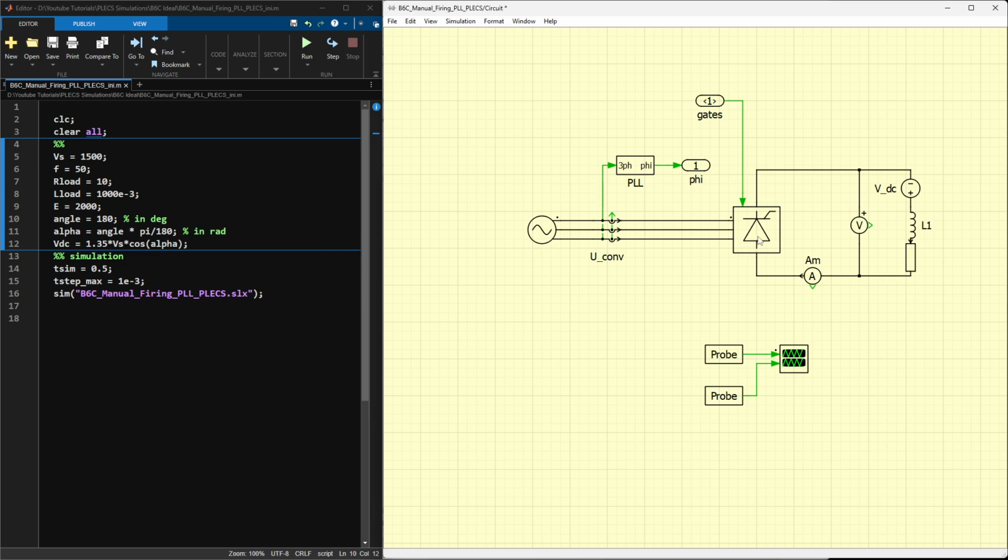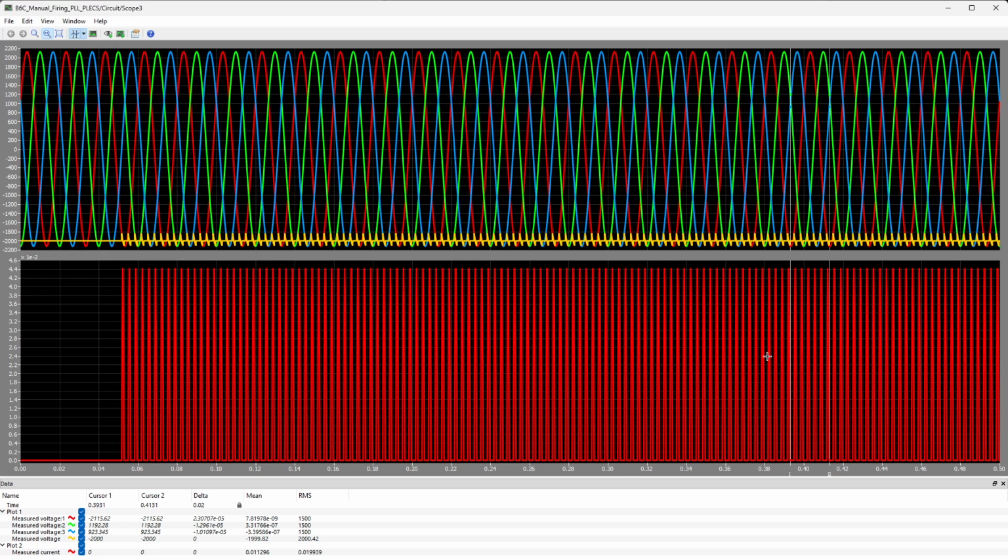So it's an ideally operating converter system. We can consider the extreme firing angle of 180 degrees without the necessity to consider the extinction angle, which I will discuss later. Let's go with 180 degrees and see the output voltage. Now see, it's only the DC voltage.